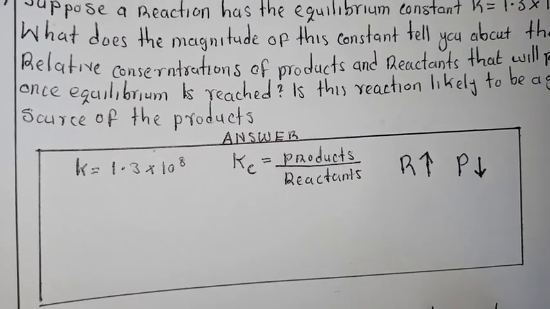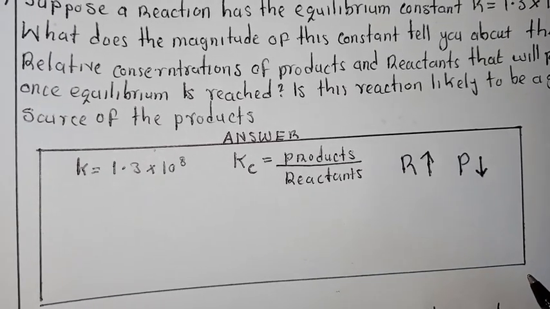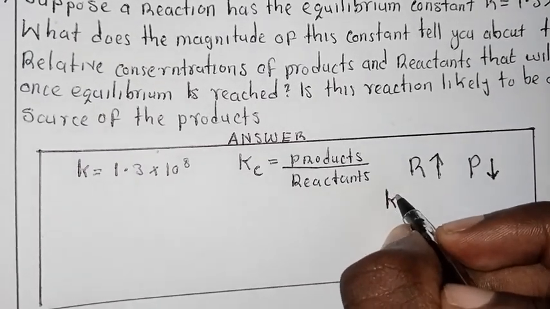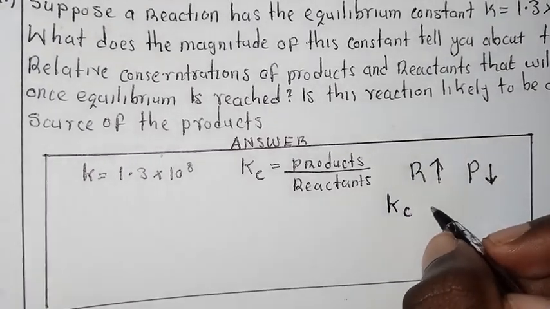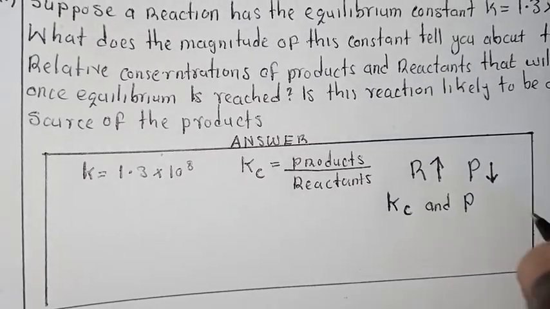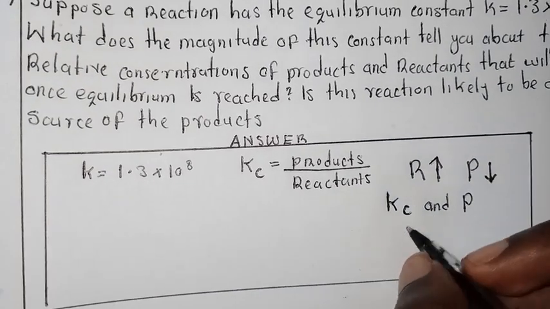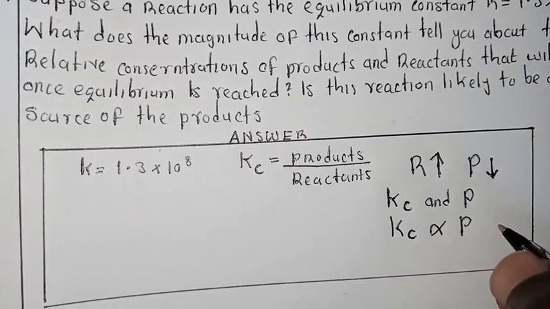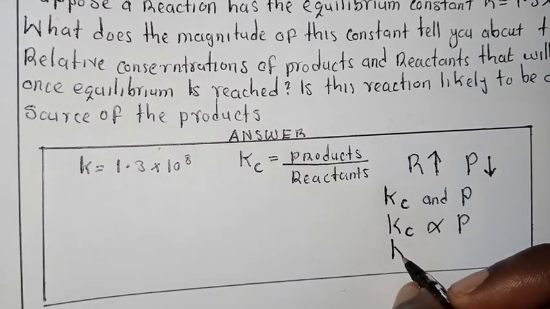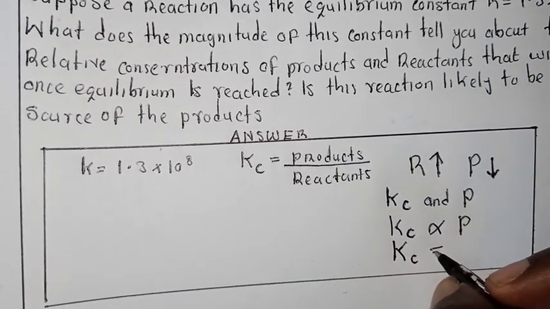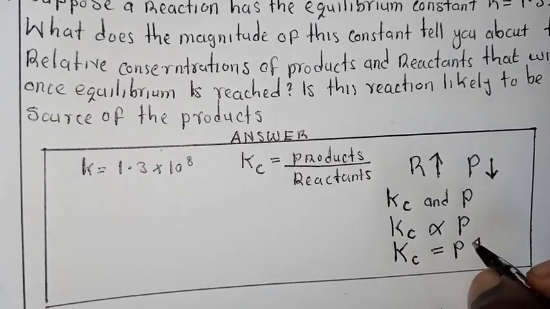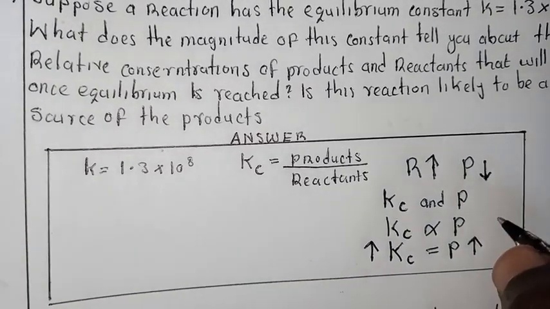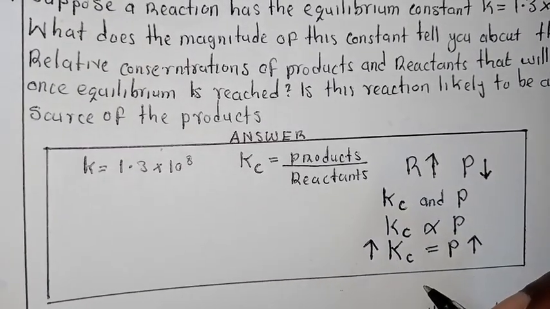But then the relationship which I want to create here is the relationship between Kc and products, because we know that Kc is directly proportional to the products, in that if this is our Kc and we have our products, an increase in products will mean an increase in Kc, and a decrease in products will mean a decrease in Kc.